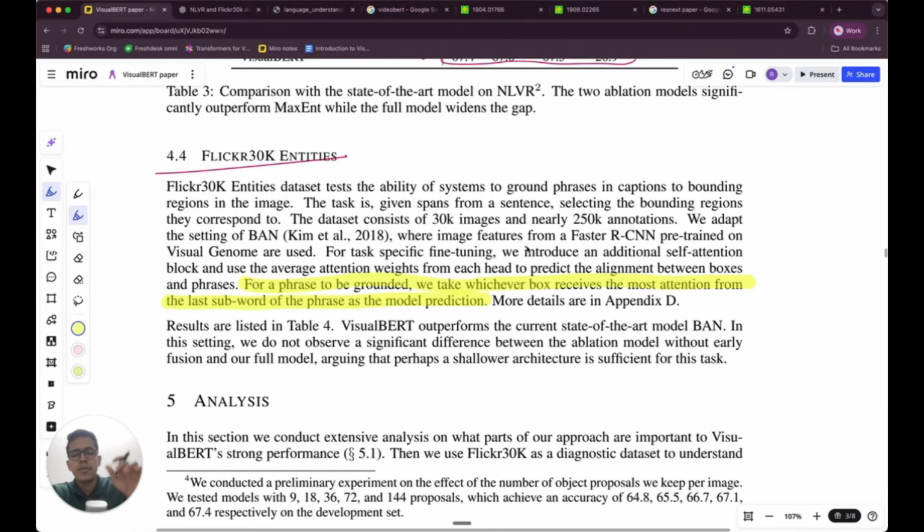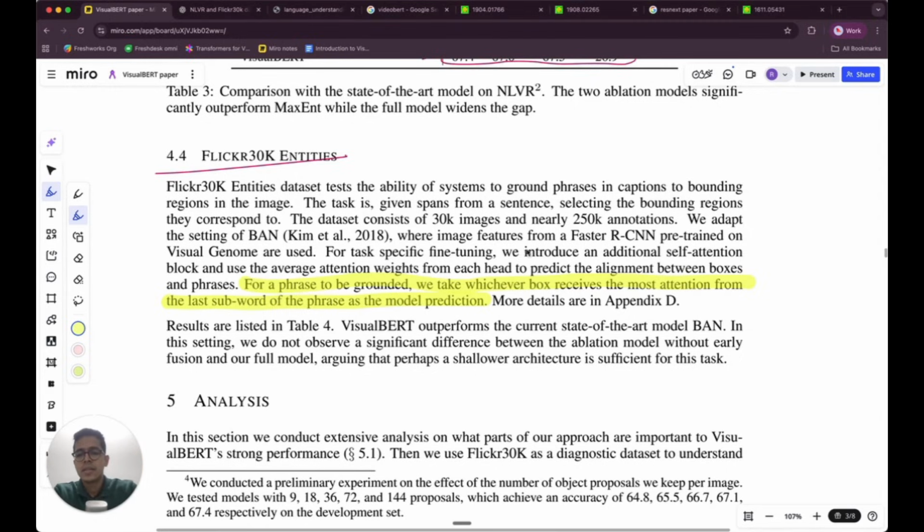Now if you convert B into a query, we need to know which key this query attends to the most, or to which token the token B attends the most. And that too from the visual tokens, not from the text tokens. From the visual tokens, whichever gets the most attention from B, that is the final predicted bounding box.